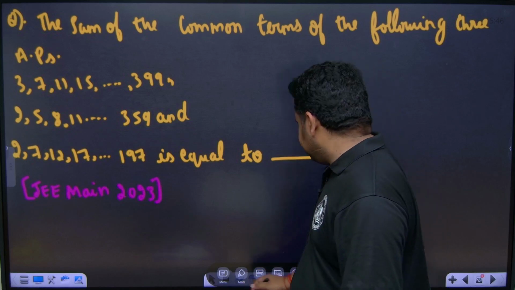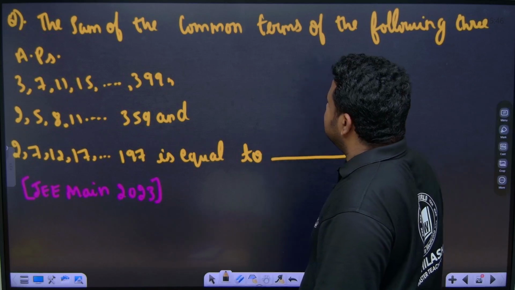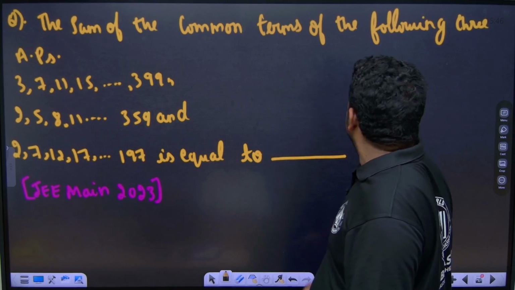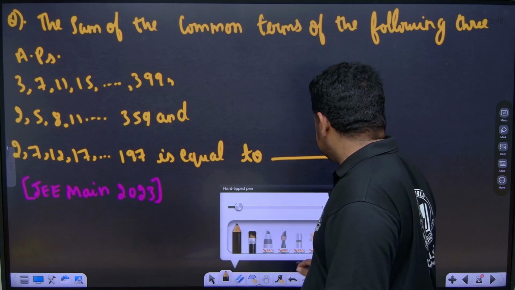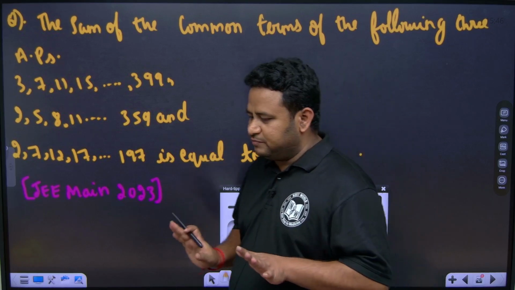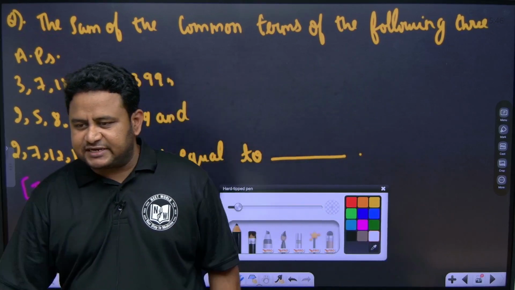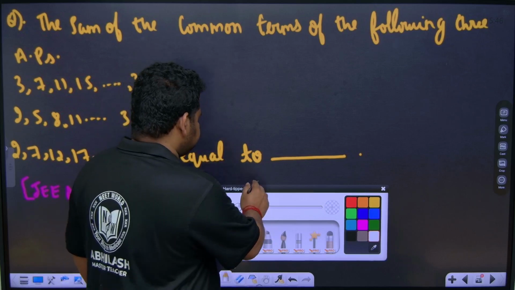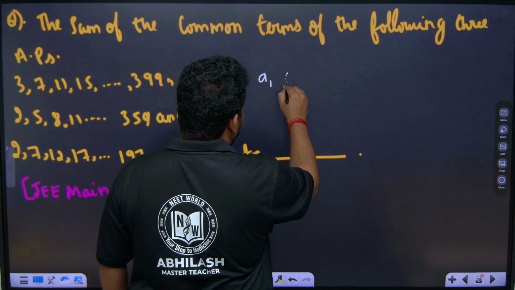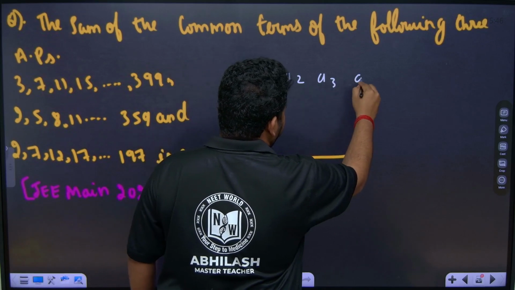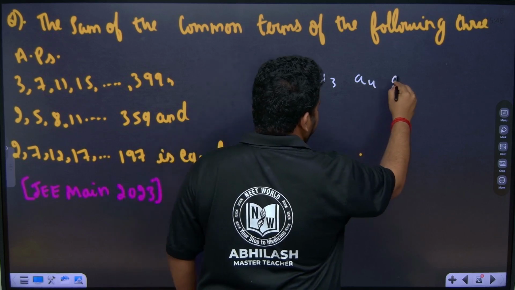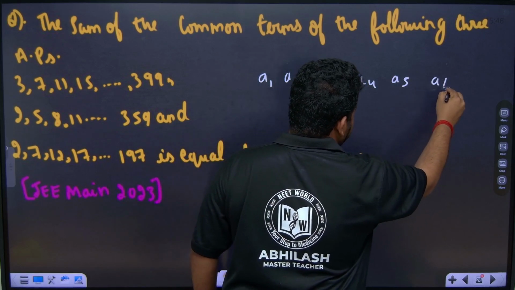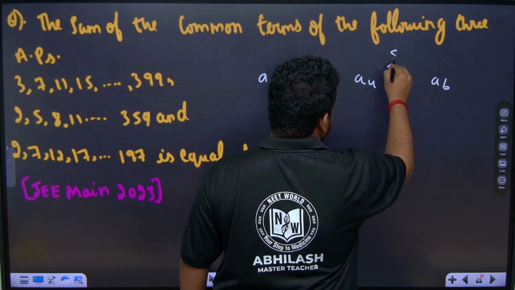See here they have given the sum of the common terms of the following three APs. So first of all, did you understand what we mean by common term? Suppose three APs are given: A1, A2, A3, A4, A5, A6, and suppose one of these values is 5.